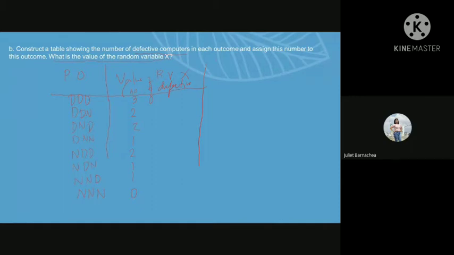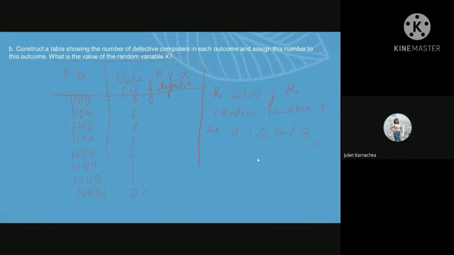The answer here is the values of the random variable X are 0, 1. Kung anong mga nakikita niyong number dyan, wag lang ulitin. 2 and 3. Yan ang sagot sa letter B.